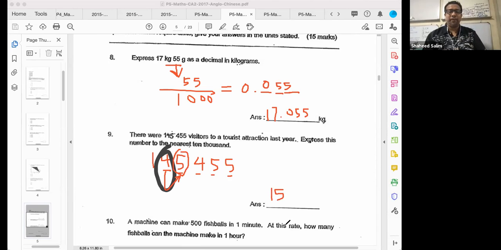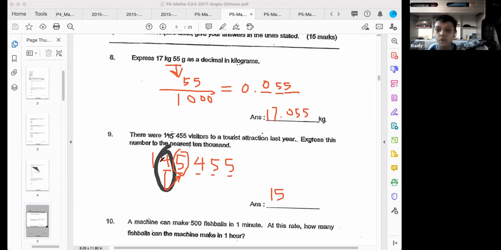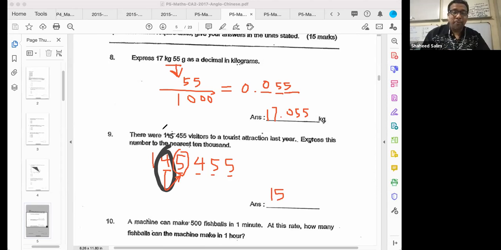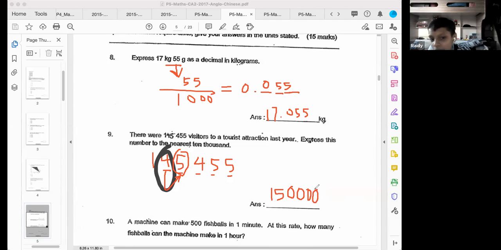Is the answer 15? Put the zeros at the back. Must put the zeros at the back. So how many zeros? 1, 2, 3, 4. If you don't put the 0, can you imagine from 145,000 to 15? So now you're at 150,000.